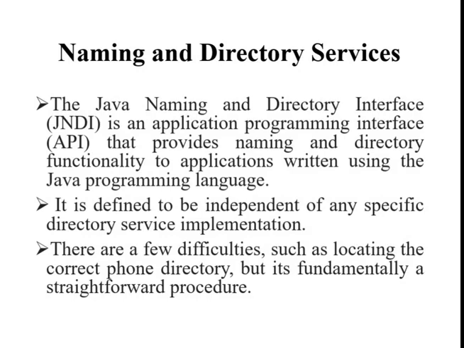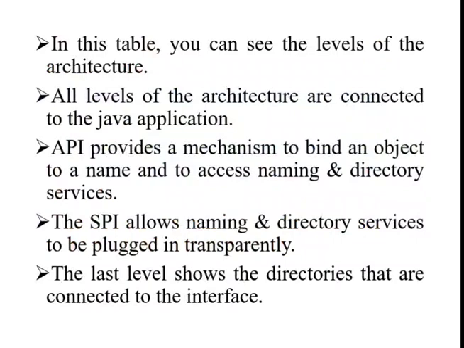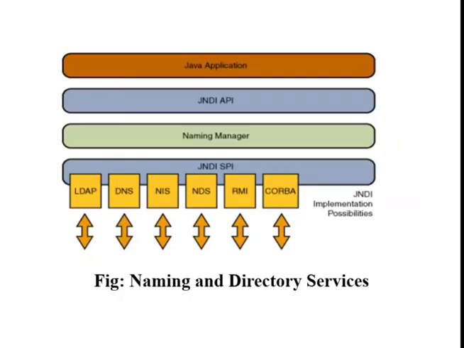Consider how difficult it would be to find someone's phone number without using the phone book. To get your friend's phone number, you would have to go to their house and ask, or you would have to wait until you see them again, which may be tough to arrange because you can't call them to set up a meeting. These are the benefits of using naming or directory services.